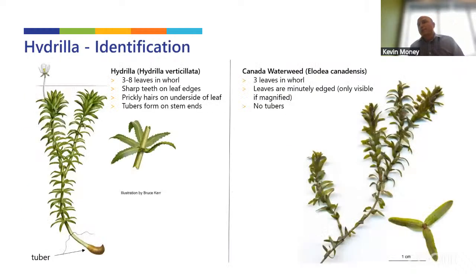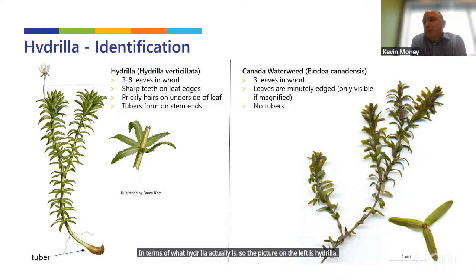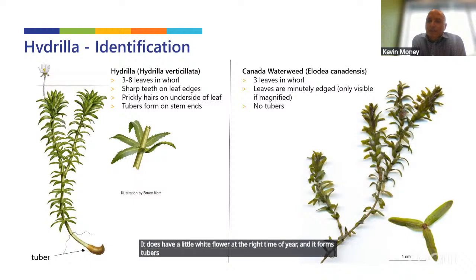In terms of what hydrilla actually is, the picture on the left is hydrilla. It has 3 to 8 whorls and sharp teeth on the leaf edges, which is a really easy giveaway for this plant. It does have a little white flower at the right time of year, and it forms tubers in the sediment.